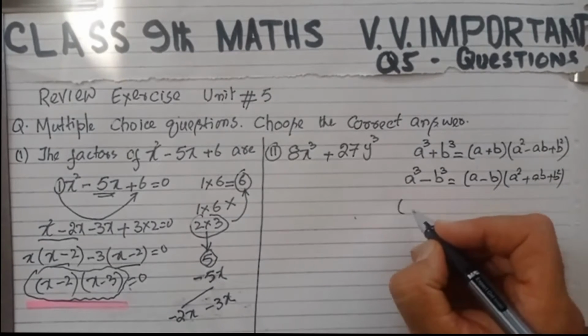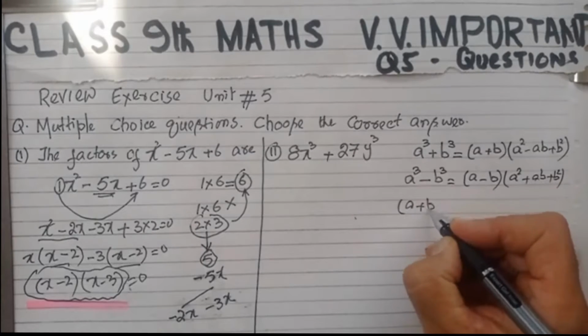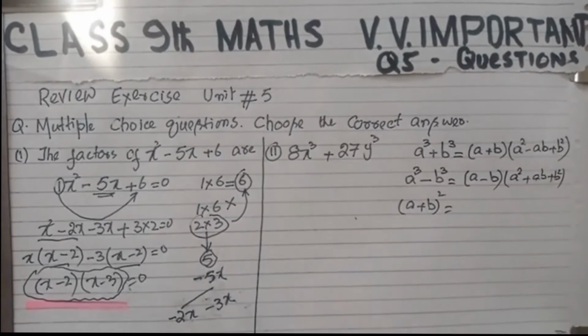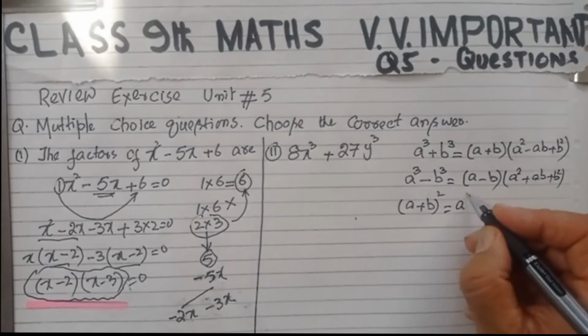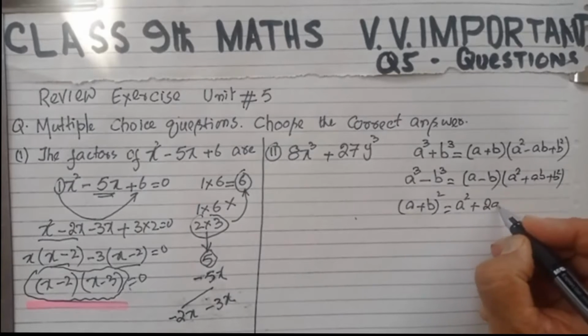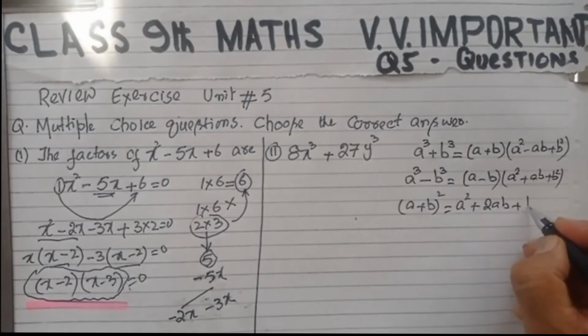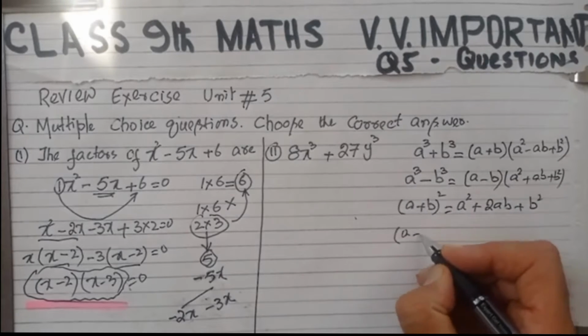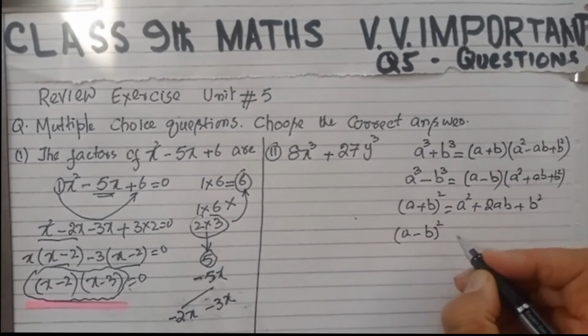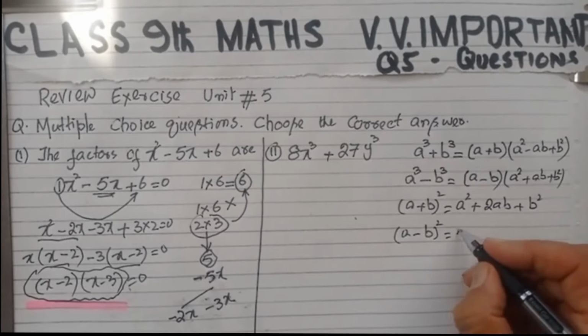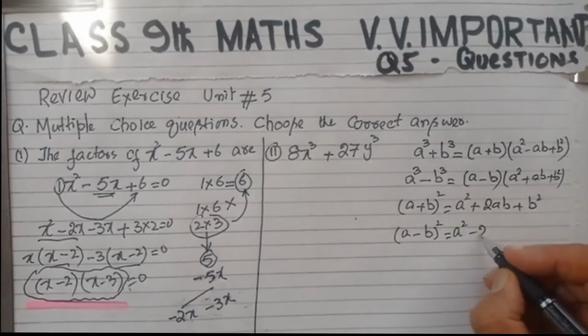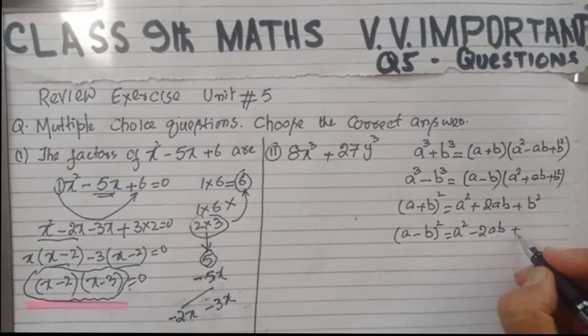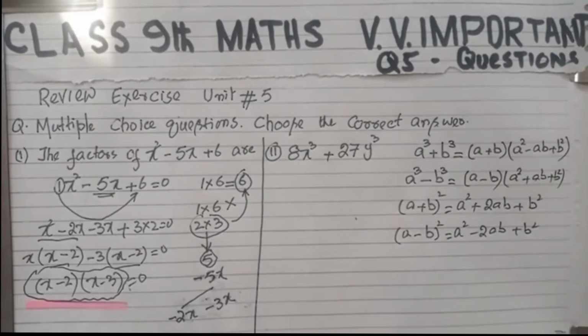And a plus b whole square is equal to a square plus 2ab plus b square, and a minus b whole square is equal to a square minus 2ab plus b square.